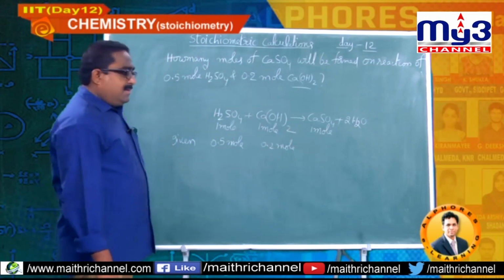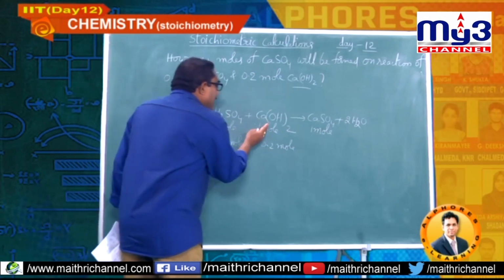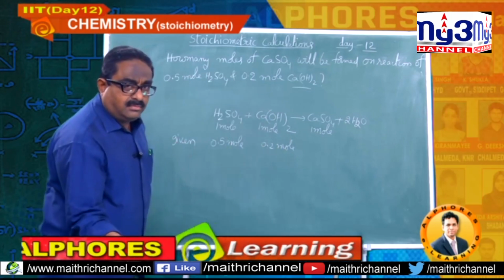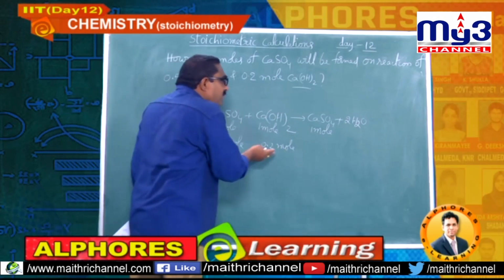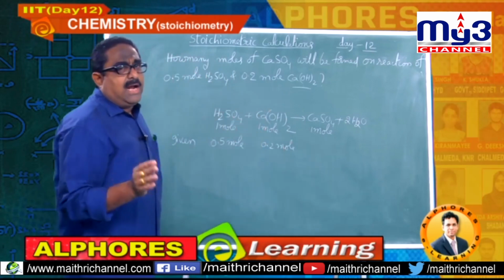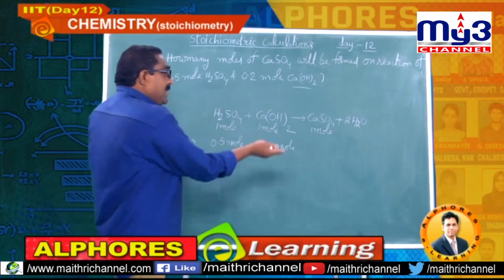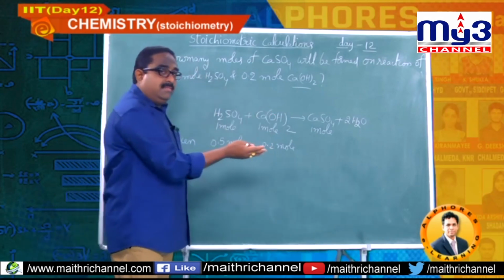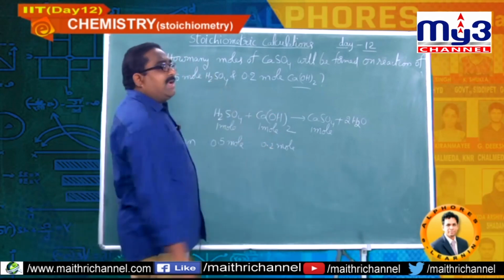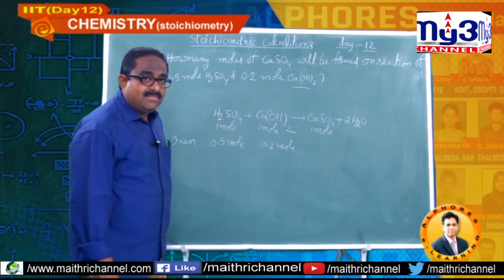See, 1 mole can combine only with 1 mole. So, 0.5 mole of sulfuric acid needs 0.5 mole of calcium hydroxide, but 0.5 mole of calcium hydroxide is not given, only 0.2 mole is given.